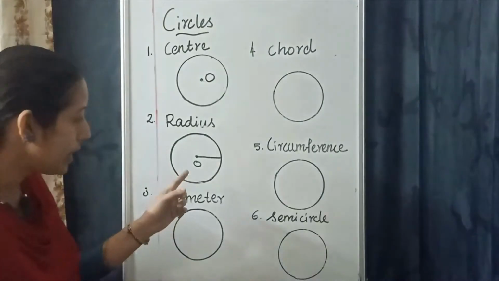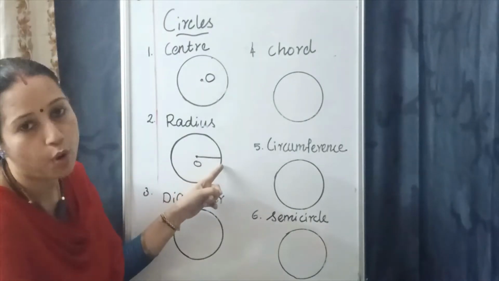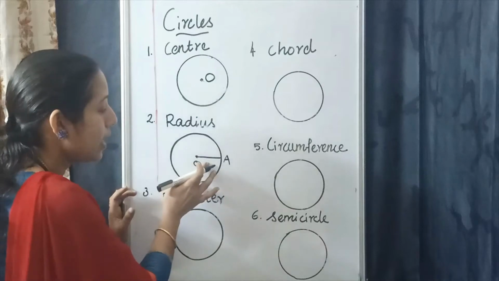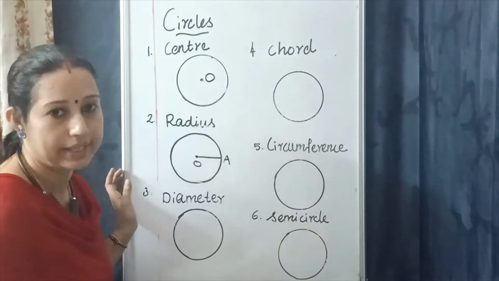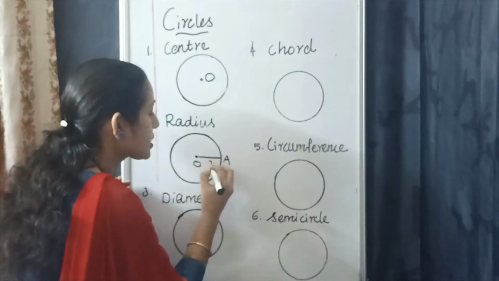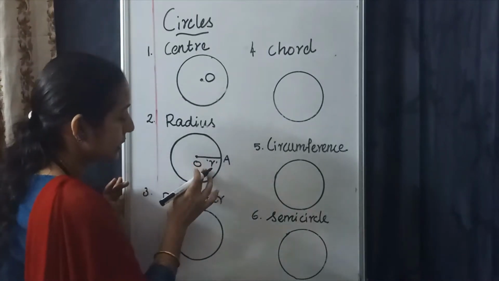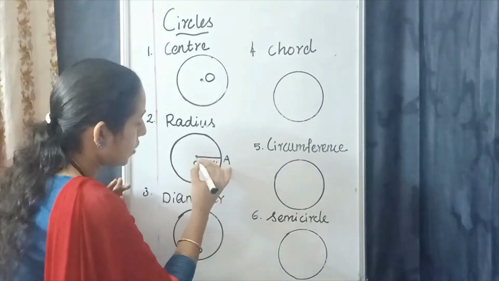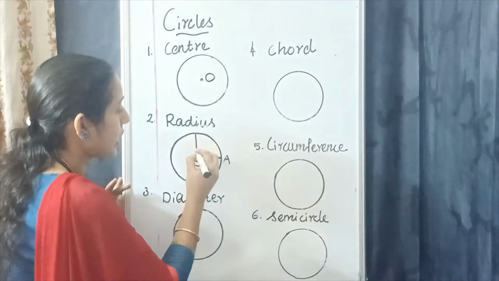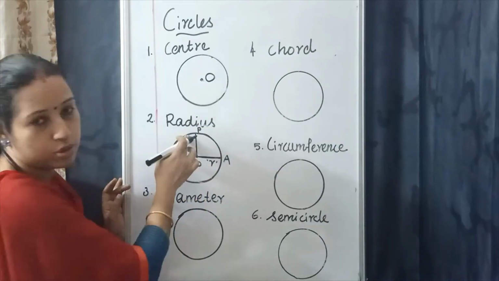We can name this point A, so we can say OA is the radius. To represent radius, we use small letter r. So here is one radius. From the center we can also draw another radius to point P. So OP is also a radius.